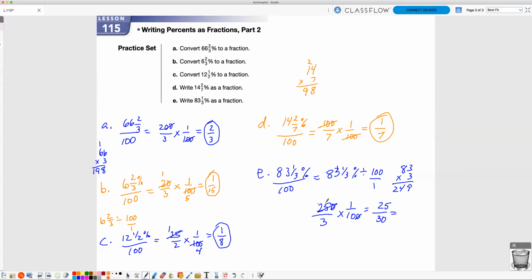And 25 into that would have been a lot smaller amount. And this would have been 4. But now I see that these are both divisible by 5. I can divide both these by 5 so that I can get it reduced. This would end up being 5, and this would be 6 down here. So 83 1/3% as a fraction is 5/6.